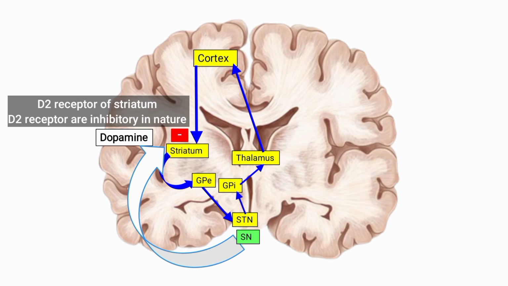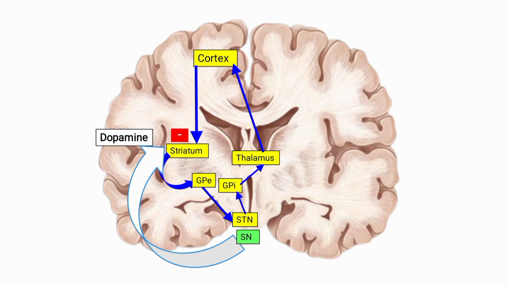Alright, now let's follow the pathway. From the cortex, what do we say you are releasing? Lots of glutamate, which has a stimulatory effect onto these neurons. But then you have dopamine that's going to be released onto the D2 receptor, which is causing inhibition. So now think about this. You have normal stimulation, but then coming from substantia nigra, you have increased inhibition.